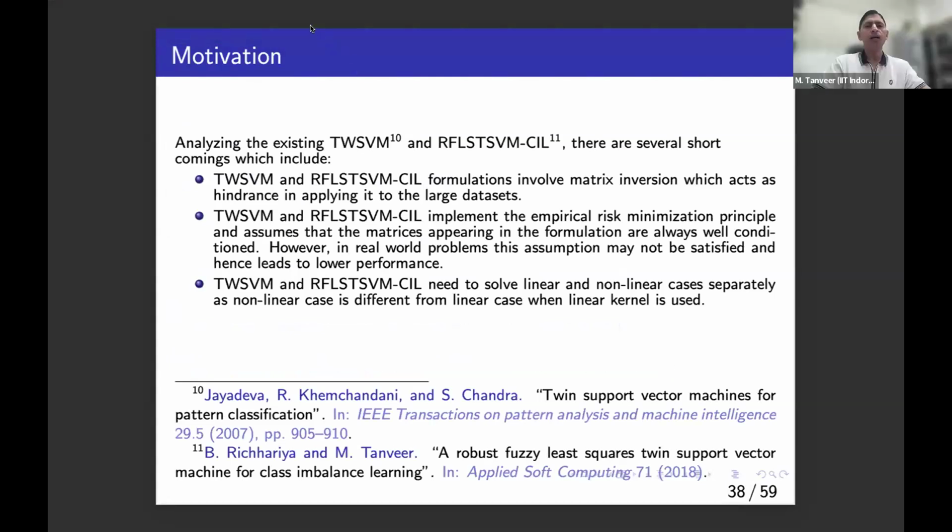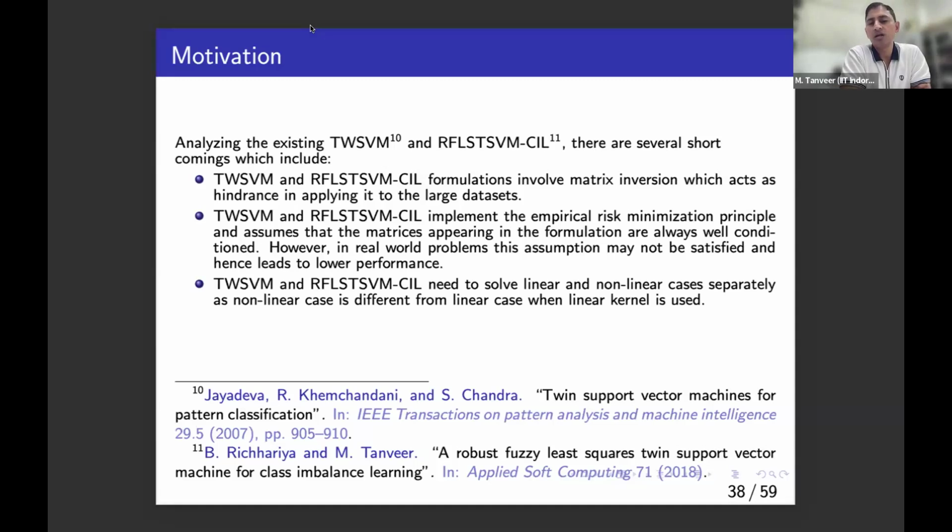Let me first discuss the motivation behind our new algorithm. We analyzed the baseline twin support vector machine and the robust fuzzy least square twin SVM for class imbalance learning. These 2 algorithms have a few shortcomings. Both formulations involve matrix inversion, which hinders applying them to large datasets. Both implement the empirical risk minimization principle and assume that the matrices appearing in the formulation are always well conditioned.